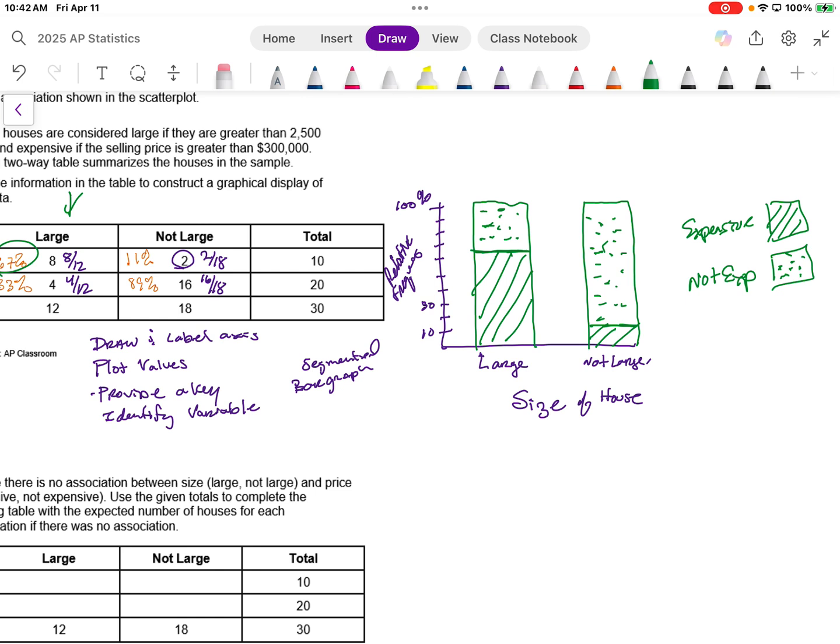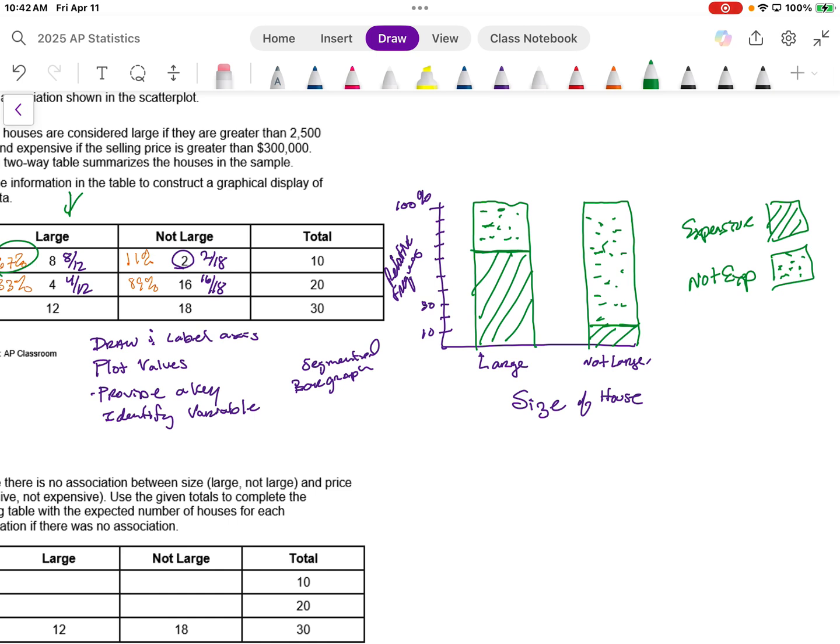So I labeled my axis. I've put my keys. I've used the variables, size of the house, and so forth.